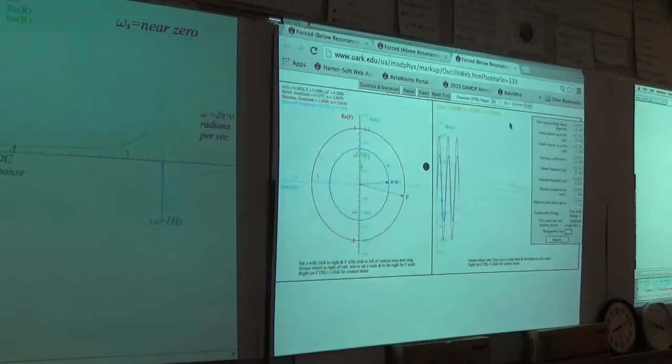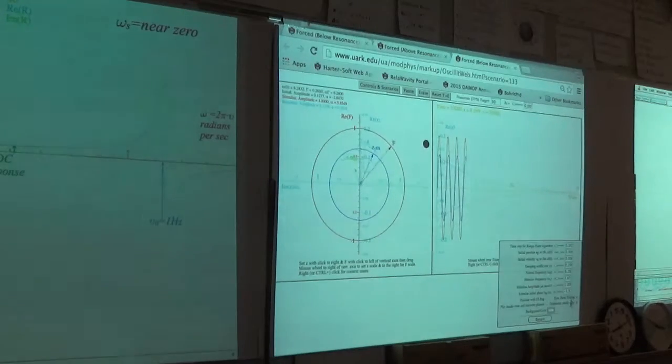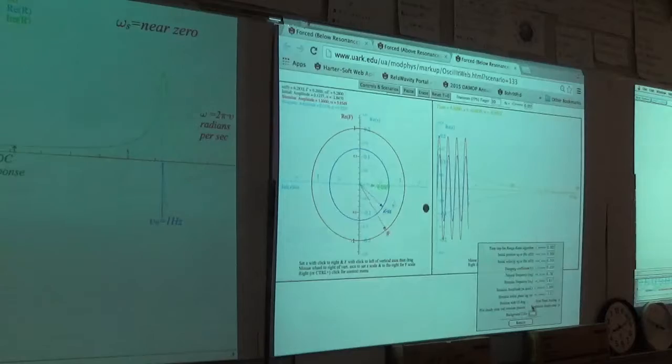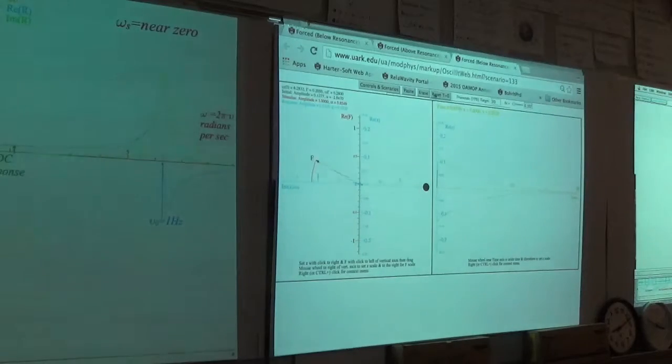Let me not emphasize steady state, and let us run that, see what happens. Okay, reset time, and see if I can get this one going.